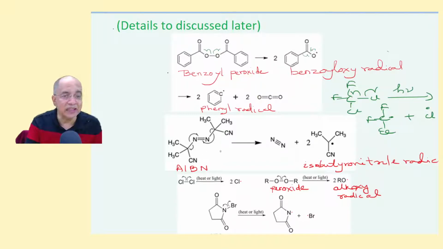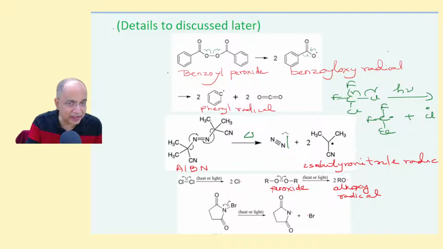Similarly, this is called azobisisobutyronitrile, AIBN. There is an N double bond N in the middle. This is isobutyronitrile, CN, cyanide group. This is isopropyl, and this is also the same. And when you heat it, this bond breaks homolytically. One electron comes here, one electron comes here. There is a triple bond.